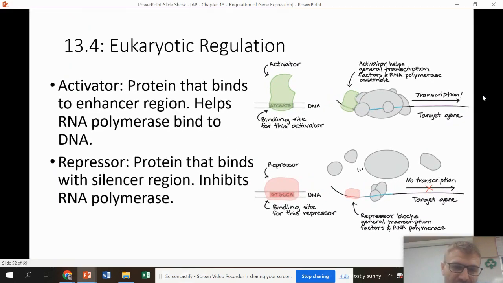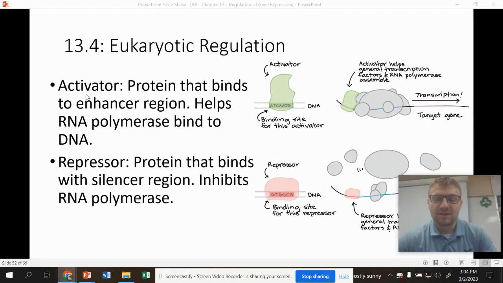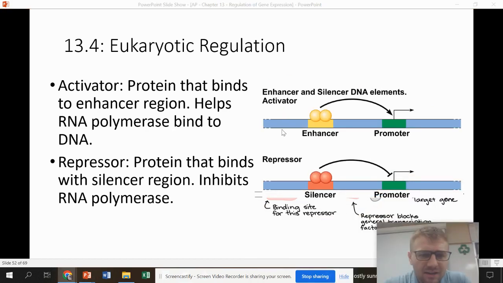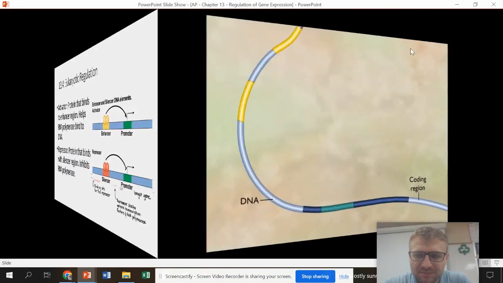Again, for every one of these I show you a different video, but basically you have two different types of these transcription factors. And just like the notes say, activators activate and repressors repress. So activators will help transcription, repressors will stop transcription. Very easy. You also have things called enhancers and silencers, but again, they do the same thing.